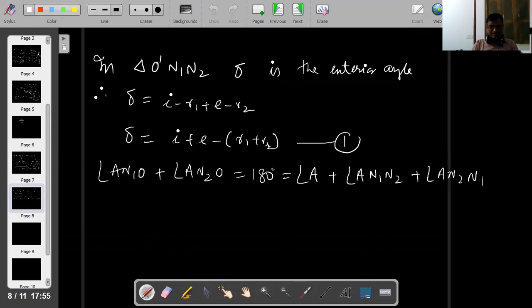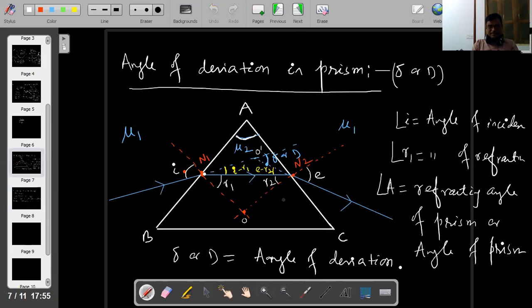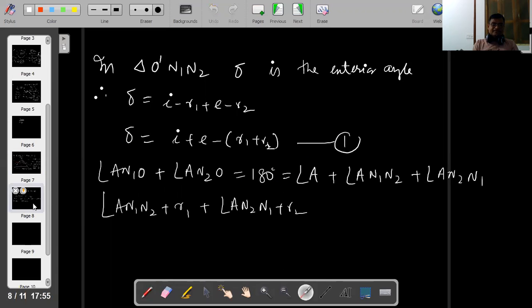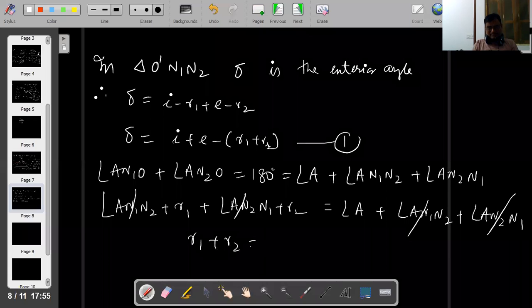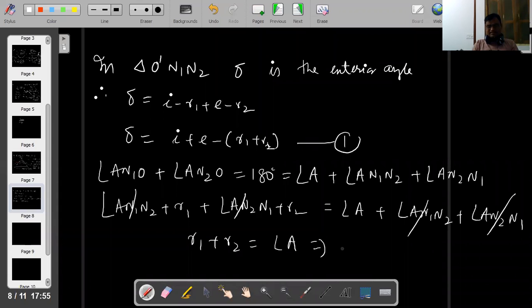Adding these two, we get angle A plus AN1N2 plus AN2N1 on the right side. These cancel out, so R1 plus R2 is equal to angle A. Very, very important.